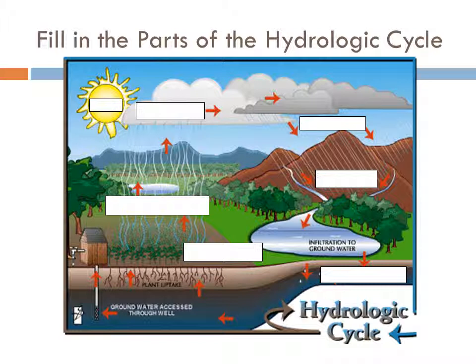And the next box over on the left, we're going to write transpiration / soil evaporation. Transpiration is water vapor given off by plants.